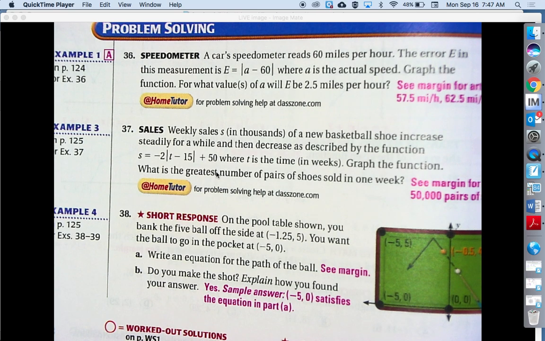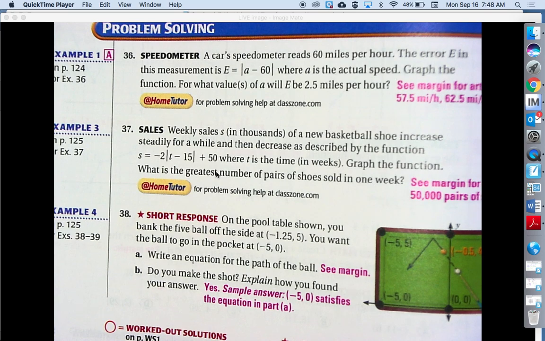So 2.5 equals a minus 60, or a minus 60 equals negative 2.5. One needs to be positive to represent the positive slope. The other one needs to be negative to represent the negative slope. And then Josh, if you solve both of these, by adding 60 to both sides, you end up getting 2 speeds of 62.5 and 57.5.